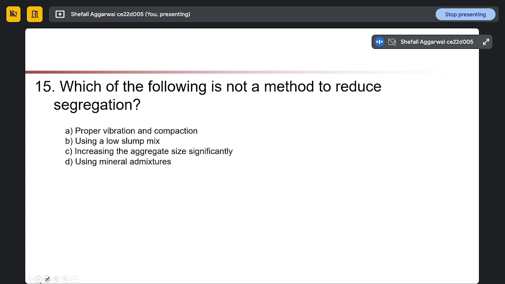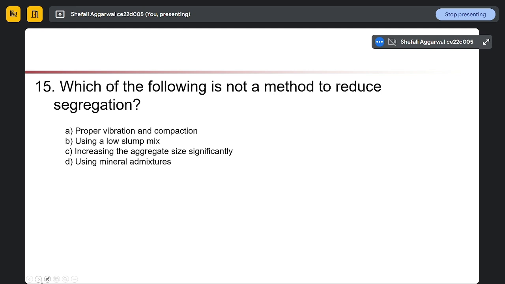Whenever there is a sulfate attack, this calcium hydroxide will react with sulfates and form calcium sulfate and sodium hydroxide. Because of the formation of calcium sulfate, there is an expansion in our concrete which will create cracks in the concrete.